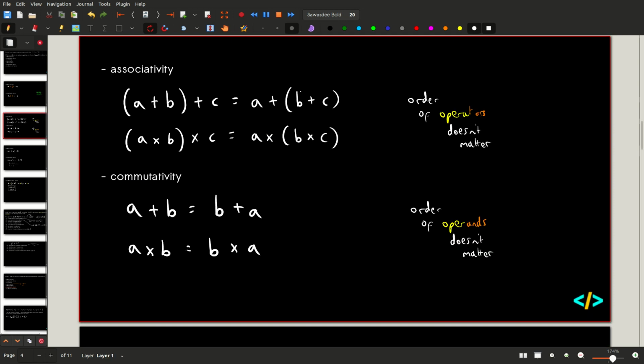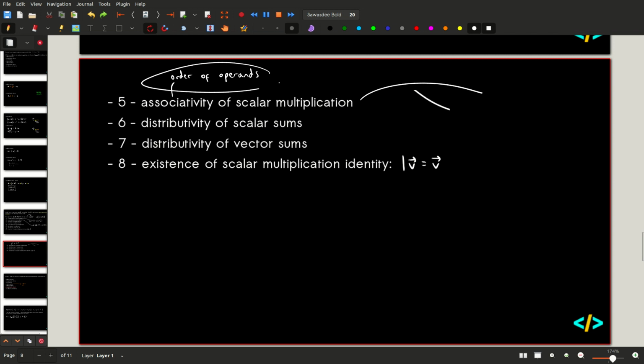And we saw that up here, where associativity is the operators, so how we're actually applying those pluses or timeses, whereas commutativity is the order of the actual operands, so maybe swapping the order in which we provide it to the operator.